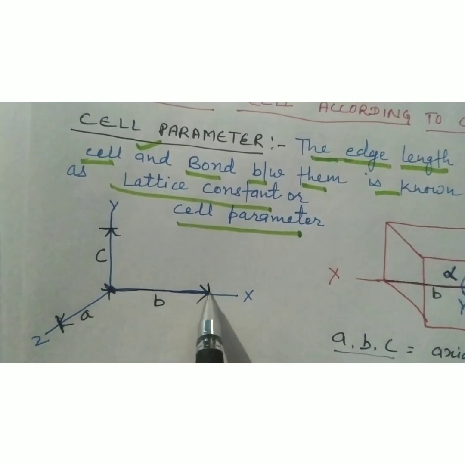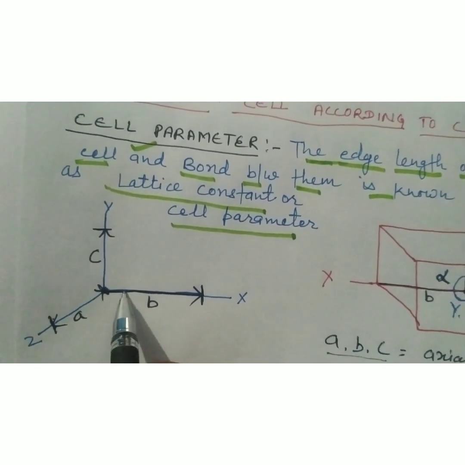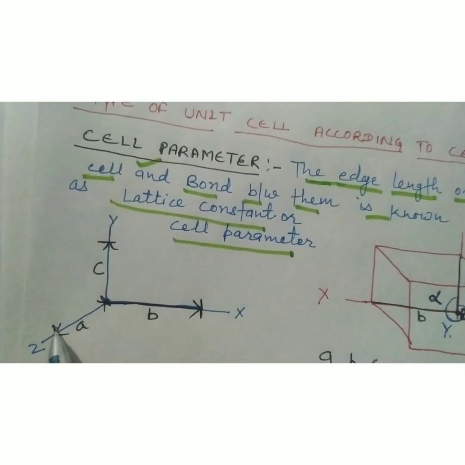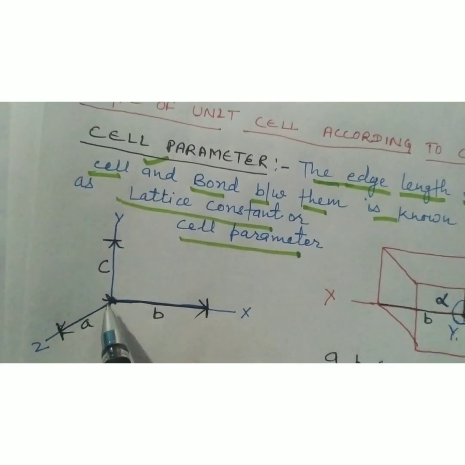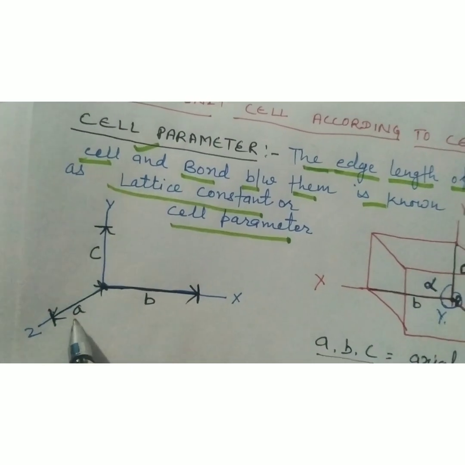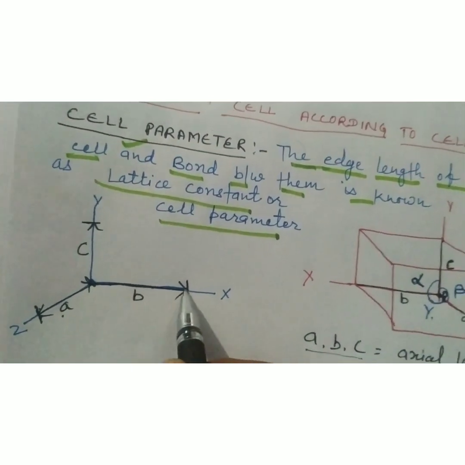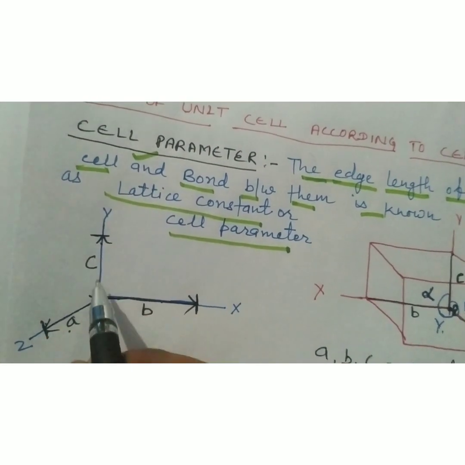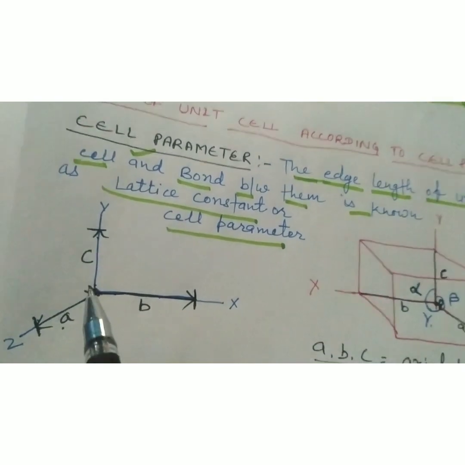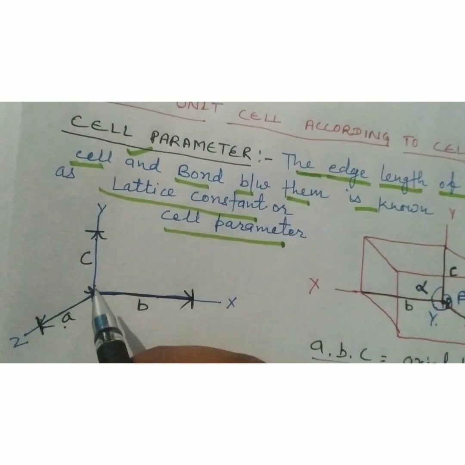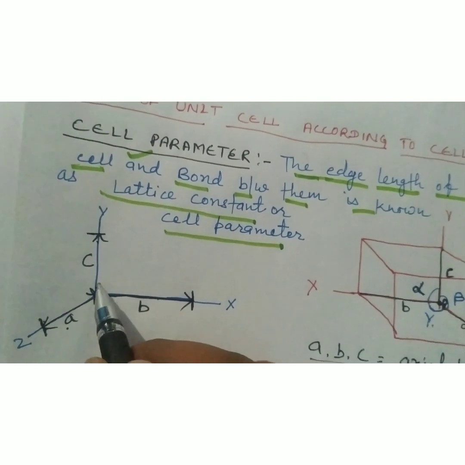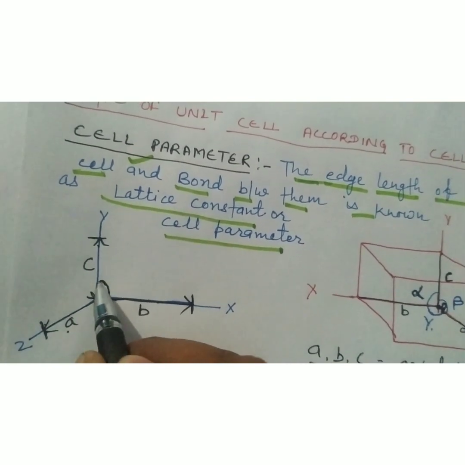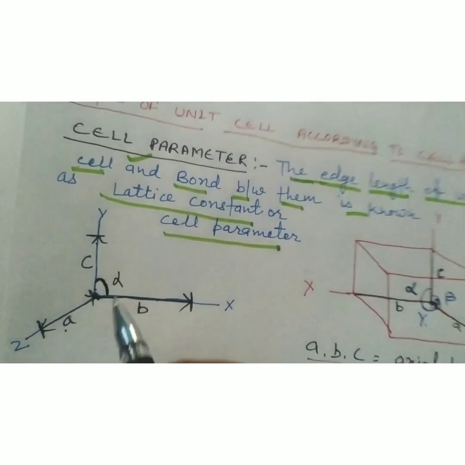This is the length of the unit cell, this is the breadth of the unit cell. So the length of the unit cell is A, the breadth is B, and the height is C. Clear? The angle formed between B and C is alpha.